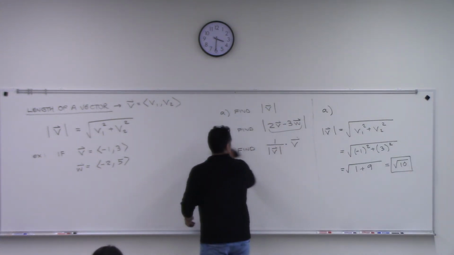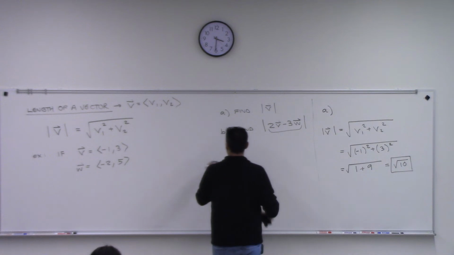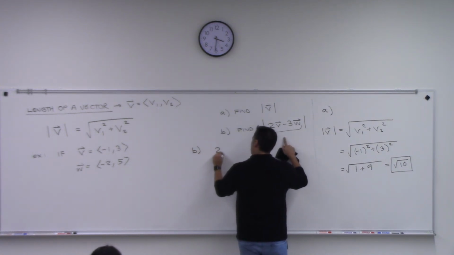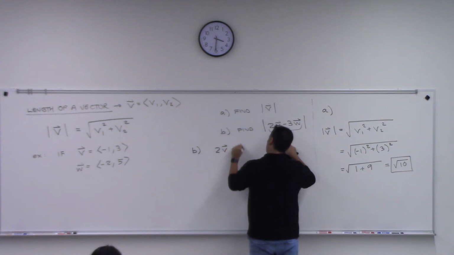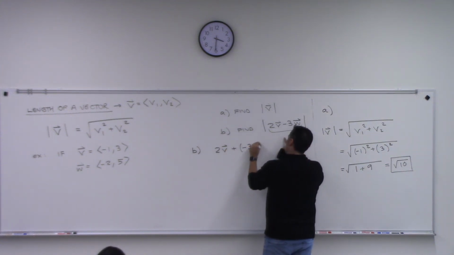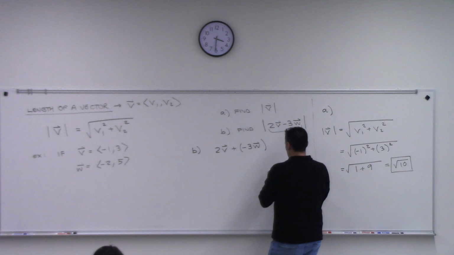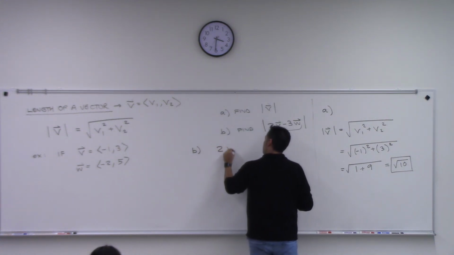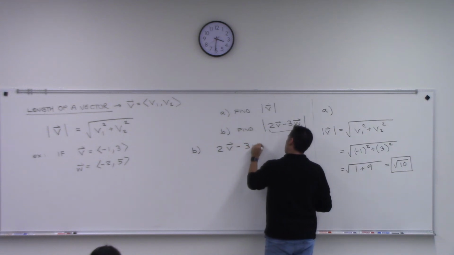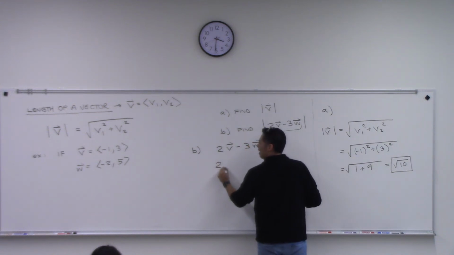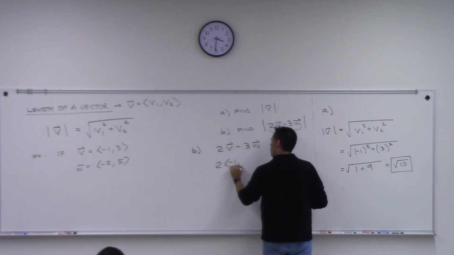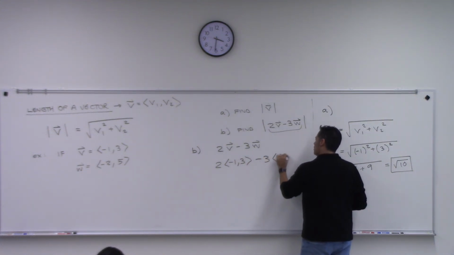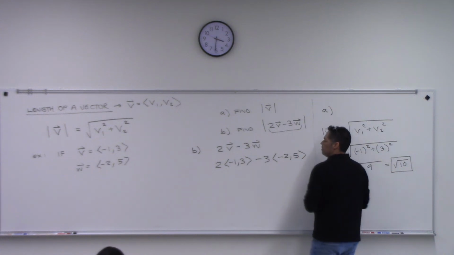So for part B, I need to know what 2V plus -3W is, right? Or let's do it this way. 2V minus 3W is 2 times the vector V, which is (-1, 3), minus 3 times the vector W, which is (-2, 5).